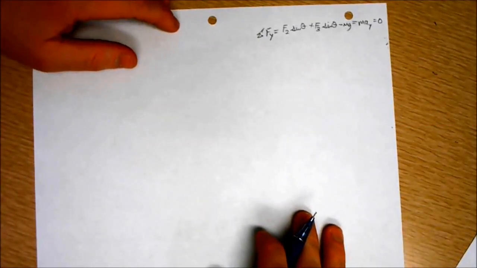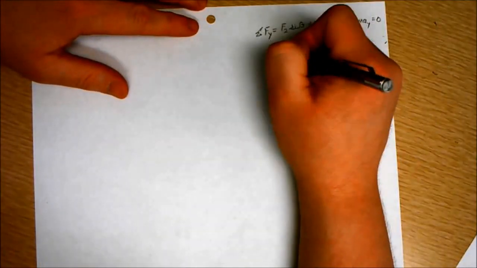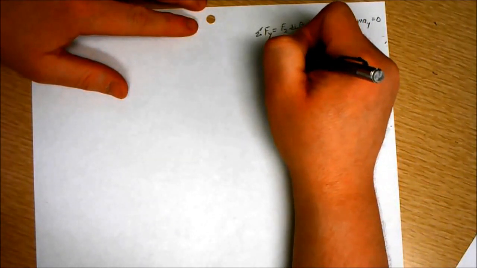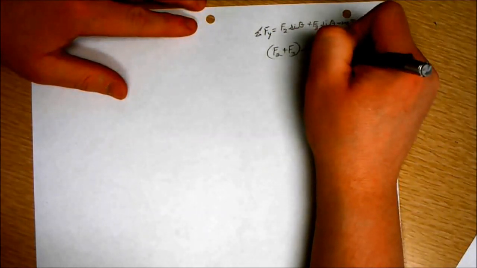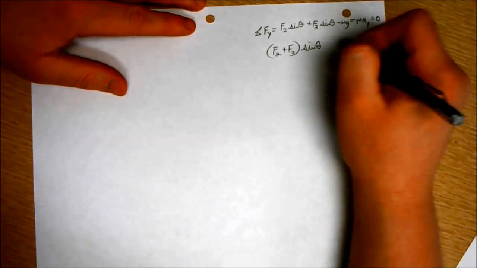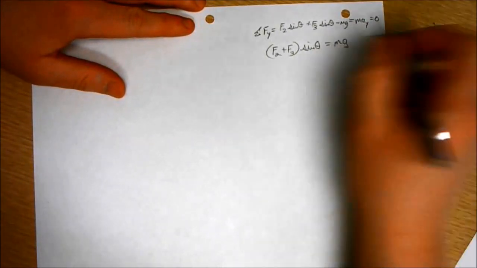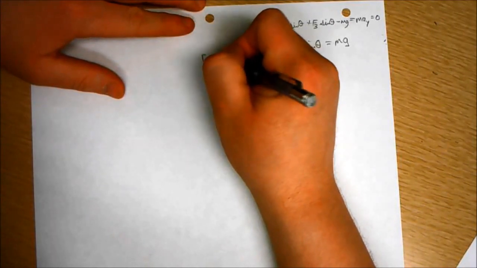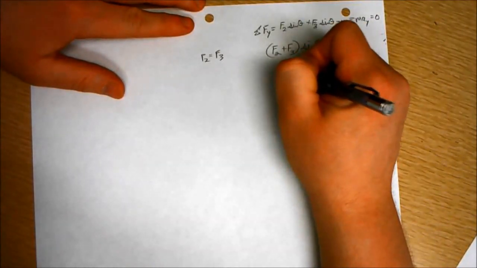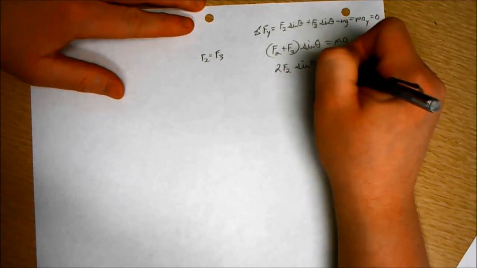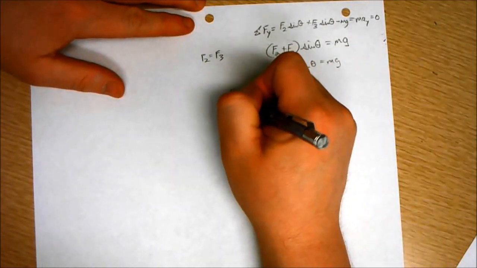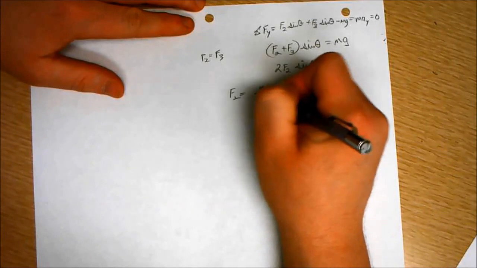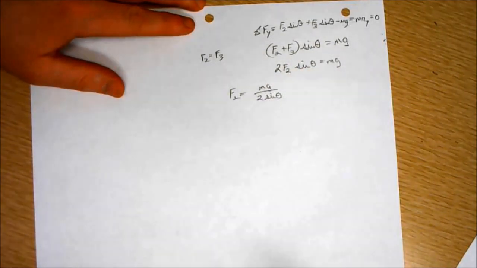So F2 plus F3, I'm just simplifying this, factoring out sine of theta, equals mg. But we know that F2 equals F3, so this is just 2F2 sine theta equals mg. Solve for F2: F2 equals mg over 2 sine of theta.